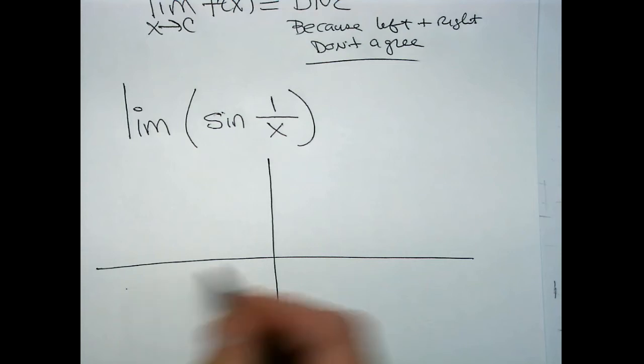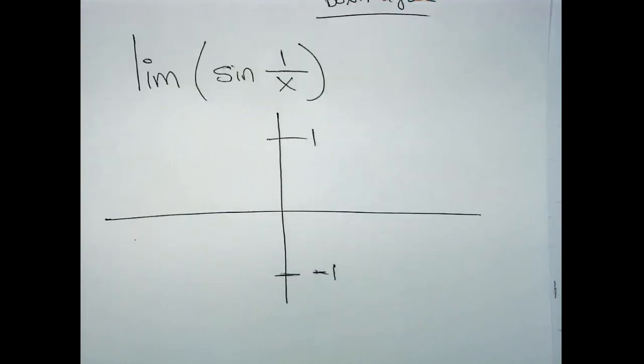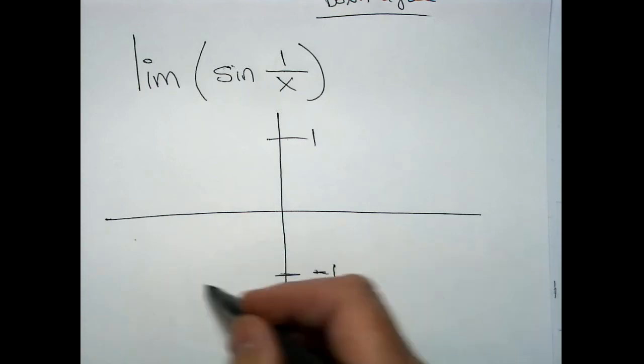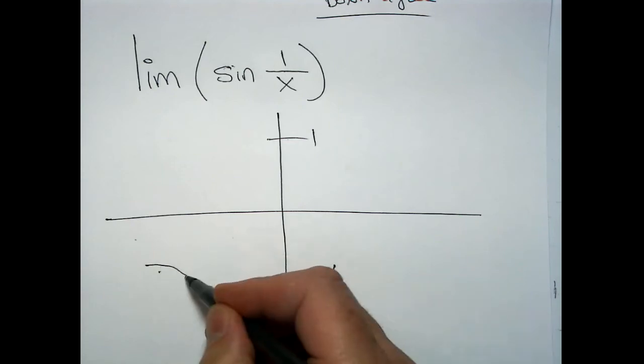So what happens is, just like any other sine, it oscillates between 1 and -1. But by doing this 1 over x argument, you're modifying the frequency of this curve. You're modifying the period as x is being changed. In fact, the frequency is being changed to such an extent that it looks something like this.